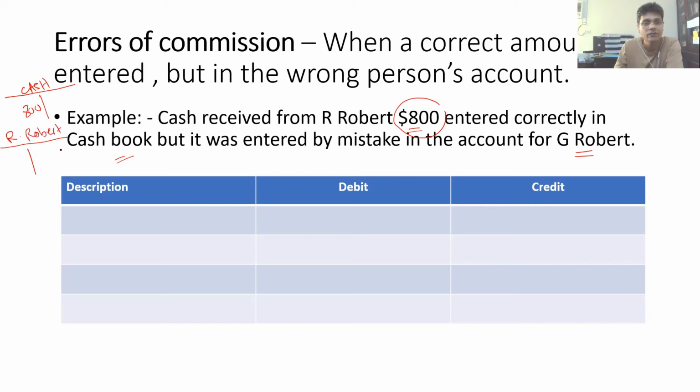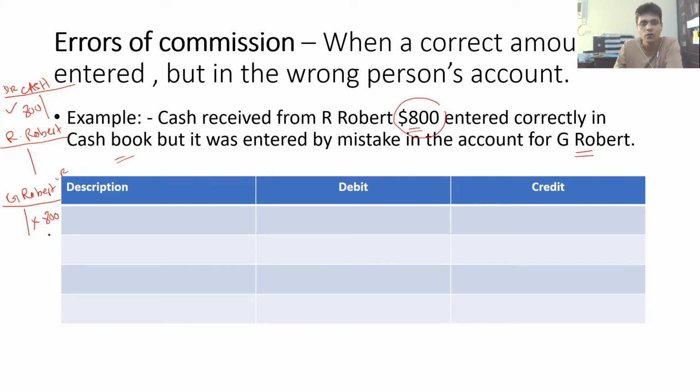But instead of crediting R. Roberts, what the accountant has done? He has debited G. Roberts account 800. So this is a wrong entry. This is correct entry. But still you have the debit entry and the credit entry. Trial balance will balance.